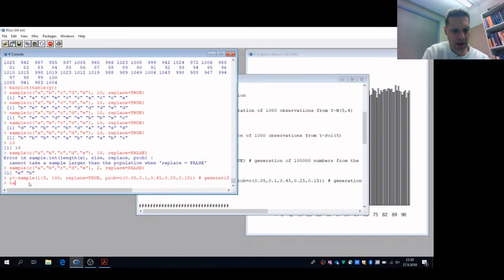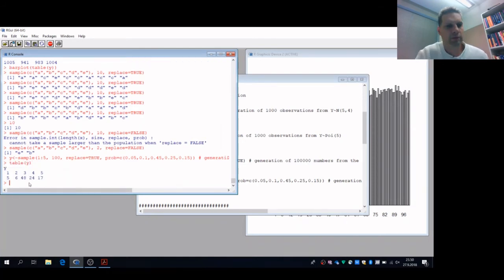And if we now look at the table after sampling 100 times with these probabilities, we get these frequencies. So they are no longer equally or uniformly distributed. There is more of value 3 occurring in this random sample, since we have given that sort of weight when this R function is generating these numbers.